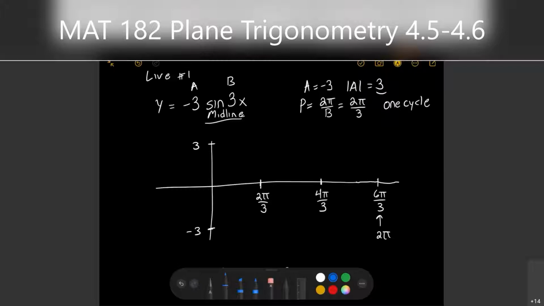Since this is a negative sine, I would start at our midline, then I'd be going down to -3 first, because it's going to be a decreasing function to start, because we have a -3 there.